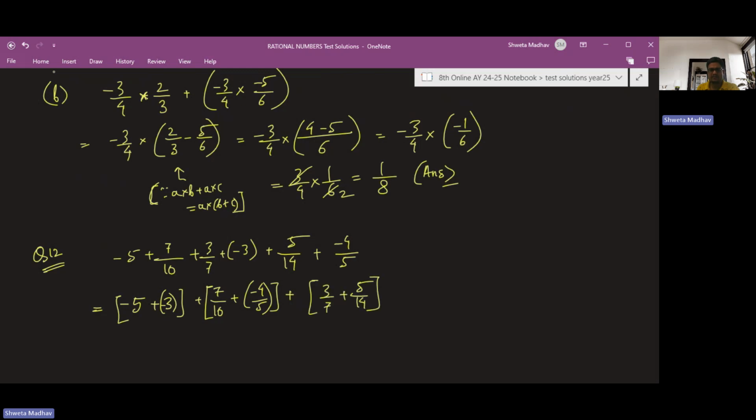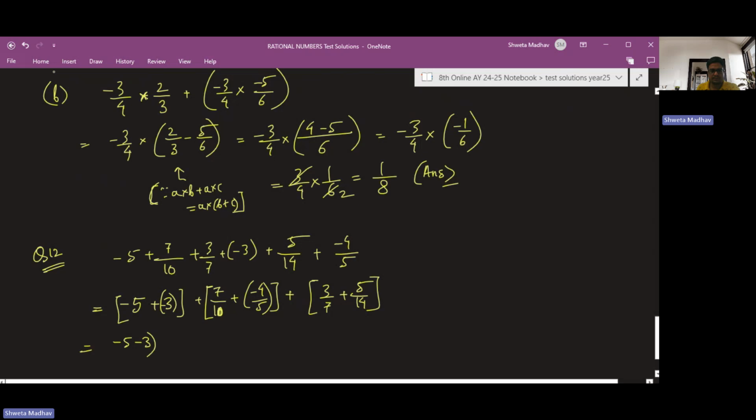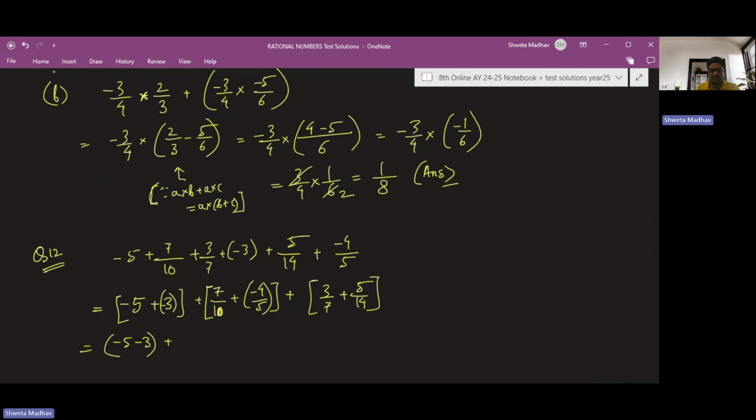So why we did this? Since here in each of these groups, you can say the denominators are having a common factor. Here 5 and 10 have a common factor of 5, and 7 and 14 also have a common factor of 7.